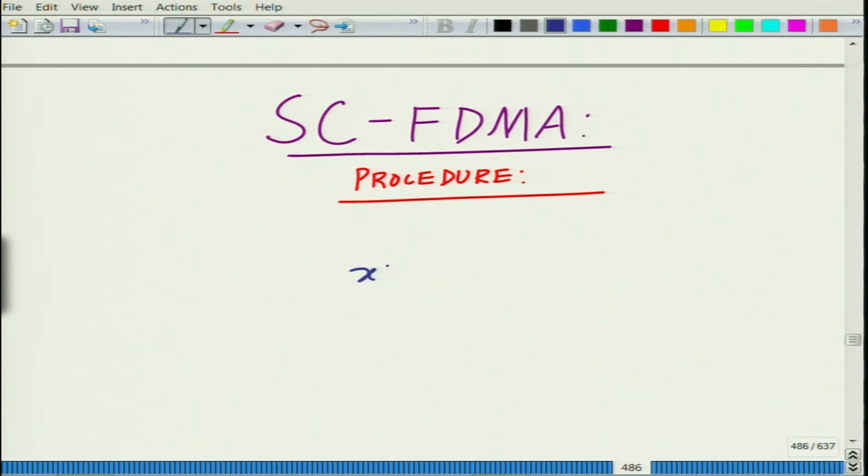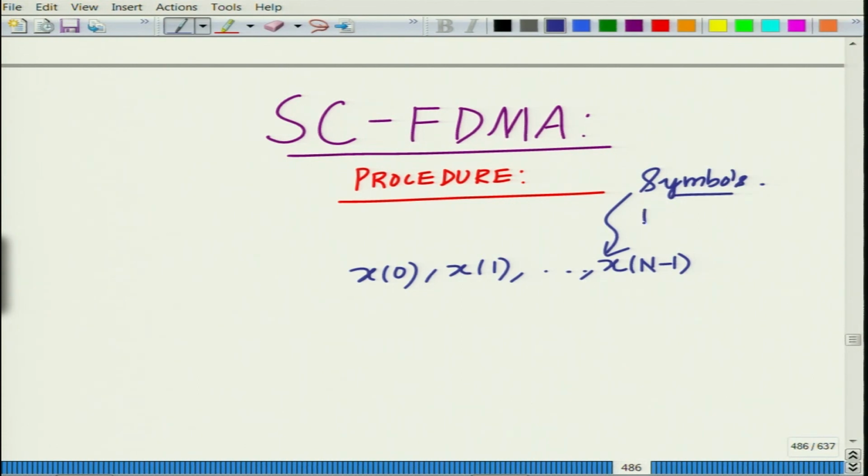So, in this case you have the time domain quantities x0, x1 up to xn minus 1. These are the symbols, not IFFT samples.